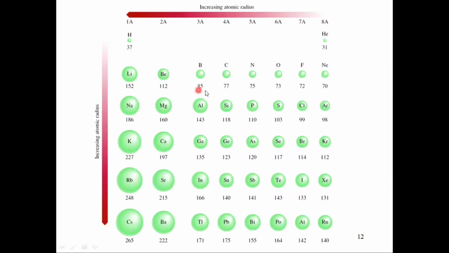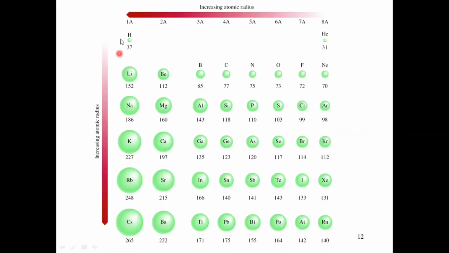The reason is that along the period from left to right, the nuclear charge increases and the shell remains constant. As the nuclear charge increases, it pulls the outer electrons strongly toward itself because the shell is constant. So as a result of this attraction between the nucleus and the outer electrons, the atomic radii become less.